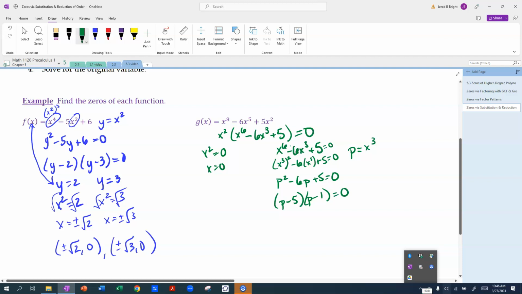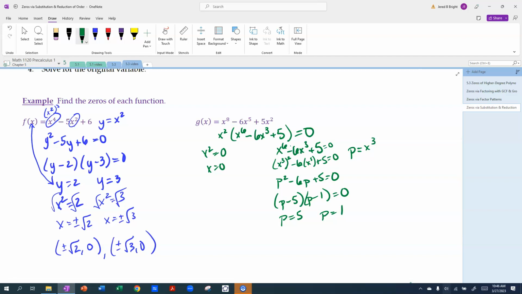Okay, there we go. Solve for p, and I get p is equal to 5, p is equal to 1. But again, I'm not solving for p, I want x. So resubstitute: x cubed is equal to 5, and x cubed is equal to 1, so then x is equal to the cube root of 5, and x is equal to the cube root of 1, which is conveniently just 1.